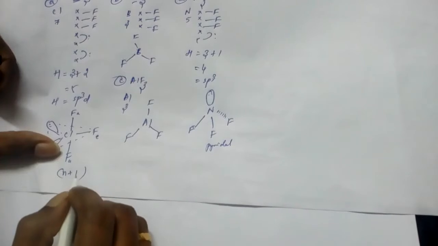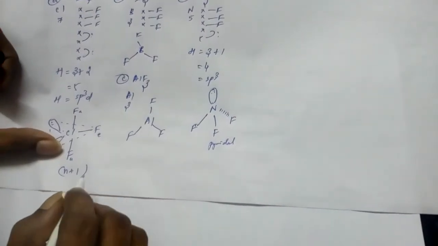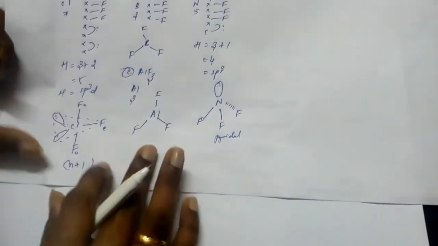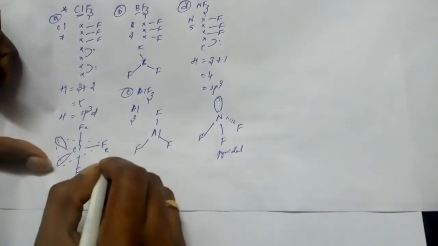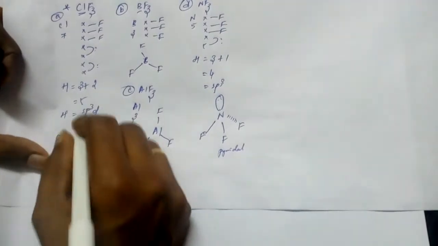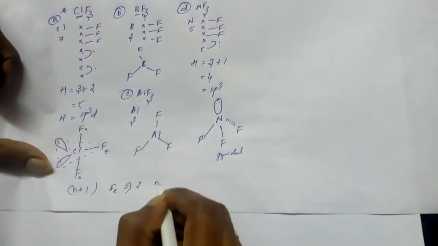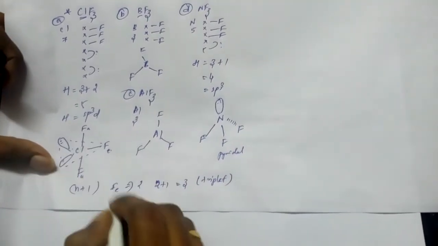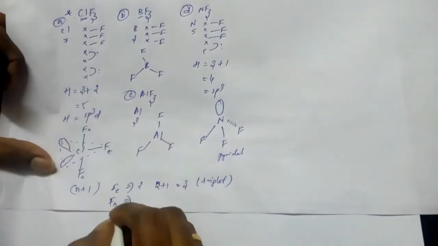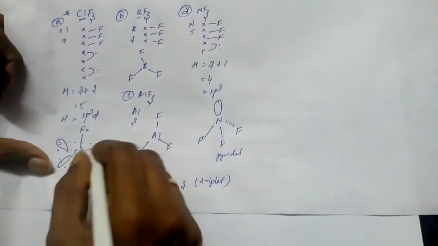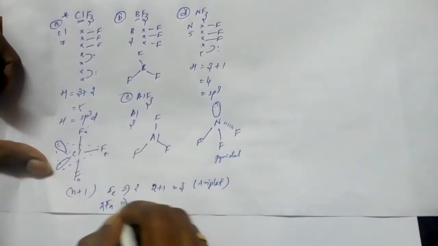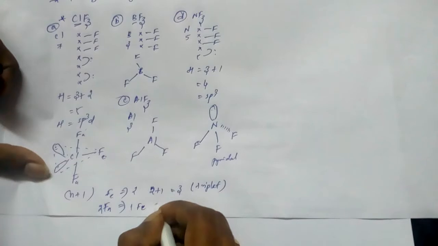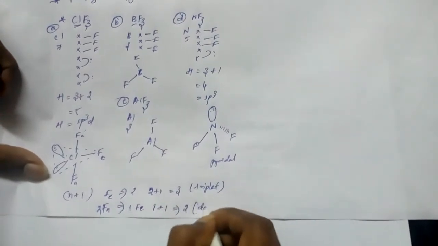We know the formula for NMR splitting, the N plus 1 formula. I will explain this in NMR spectroscopy; this is chemical bonding, so I won't go deep. For the axial fluorines, the neighboring fluorines are 2, so N plus 1 gives 3 signals, which means a triplet. For the equatorial fluorine, the neighboring atom is one fluorine, so 1 plus 1 is equal to 2, a doublet.